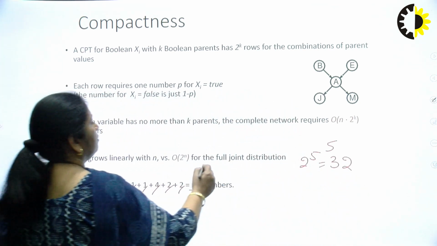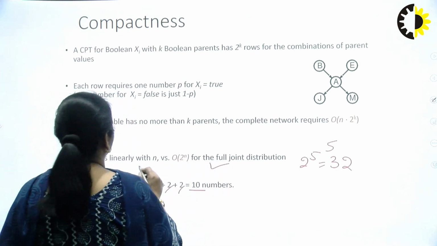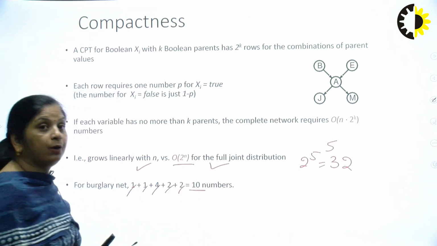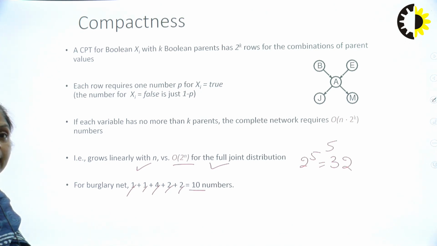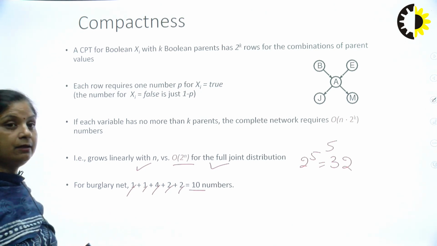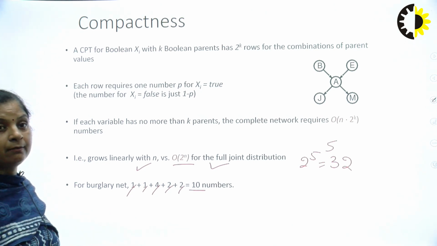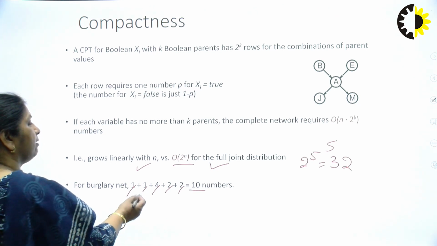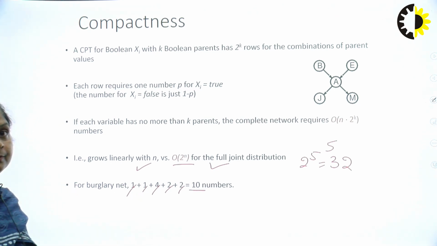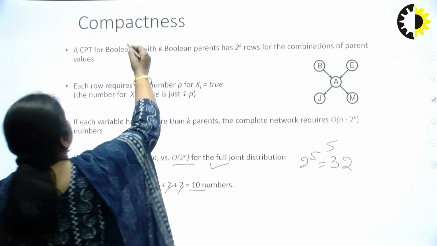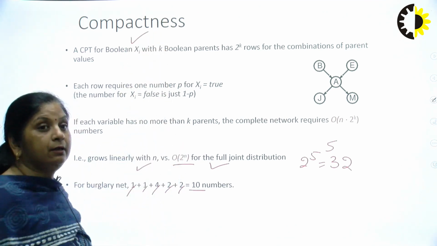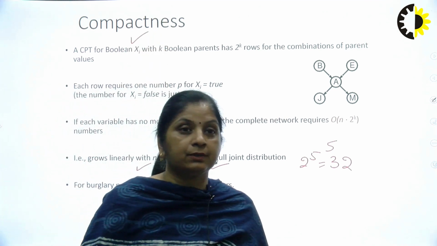So in full joint distribution, for n variables, we have order of 2 to the power n entries. It grows exponentially, in order of 2 to the power n, while here we have only 10 numbers. So that is the compactness of our Bayesian belief networks.